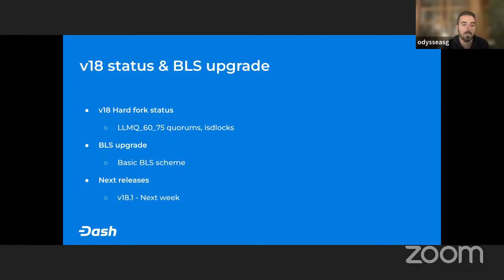Regarding the work done since the fork, I've been working on upgrading the BLS library used in core. We are planning to use what is called the basic BLS scheme instead of the legacy one.